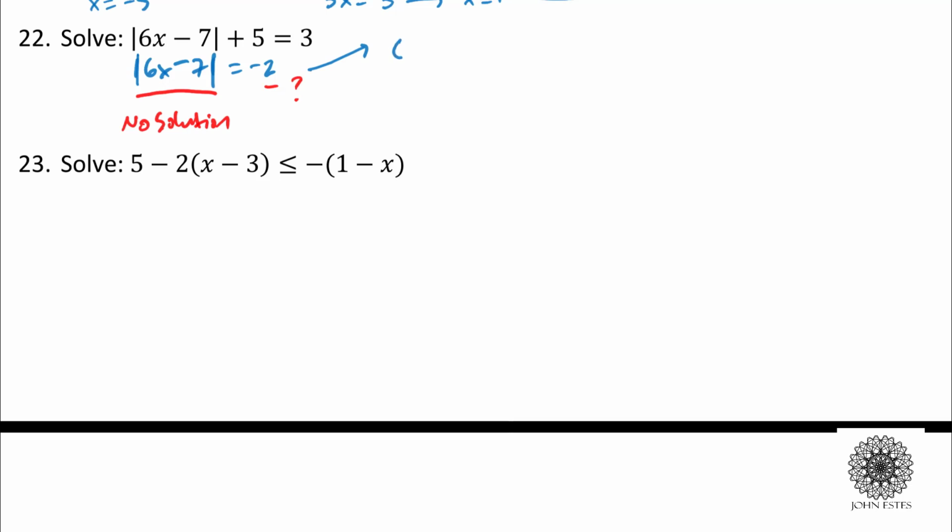But if you hadn't noticed that, watch what happens. I have 6x minus 7 equals negative 2, or possibly 6x minus 7 equals a positive 2. In the first case, I end up with 6x equals 5, or x equals 5/6. In the second case, I add over a 7, I get 6x equals 9, or x equals 3.